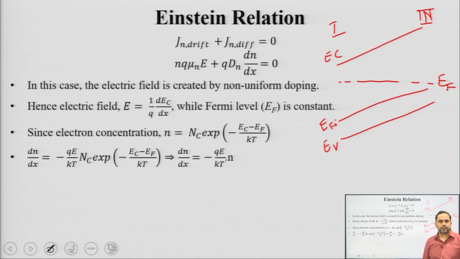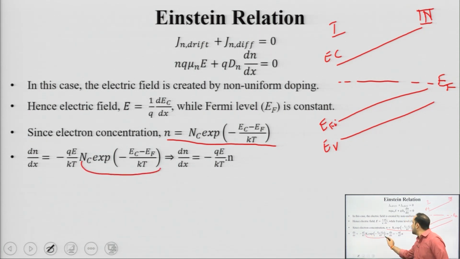Since electron concentration is given by this expression here, from this equation if I differentiate with respect to x, I am going to get this equation here. This term here is nothing but n again. So, dn/dx, the first order derivative of carrier concentration with respect to x.